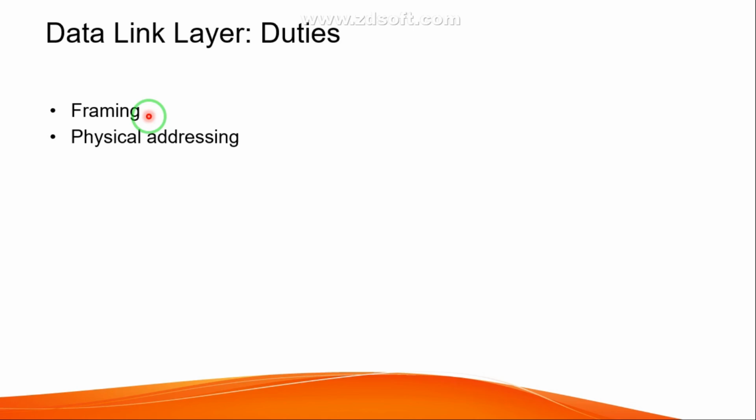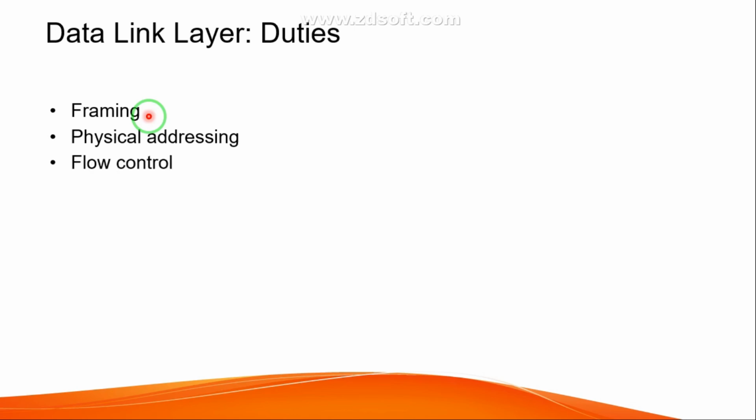In that header, it is going to define the address of the sender and the receiver. So if that address matches with the receiver, it is going to accept the data. Otherwise, it is going to reject the data. And this physical address is also called the Ethernet address or MAC address.